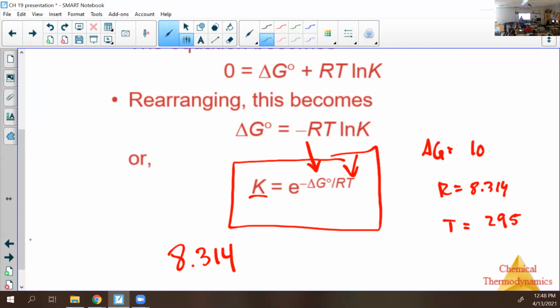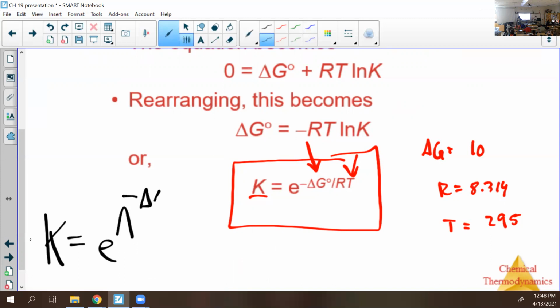Divided by RT, and it's all raised to it. K equals E raised to negative delta G naught, and the exponent is divided by RT.